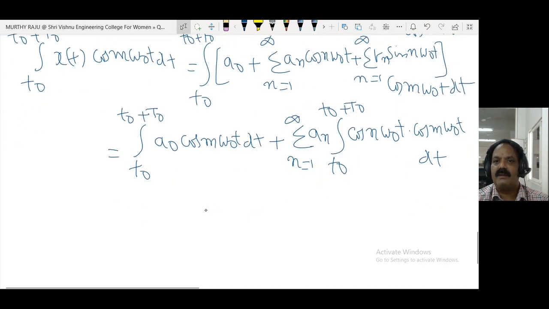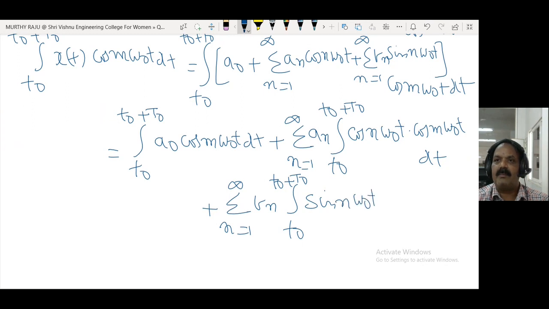One more term is there: the sum from n equals 1 to infinity of bn times the integral of sin n omega naught t cos m omega naught t.